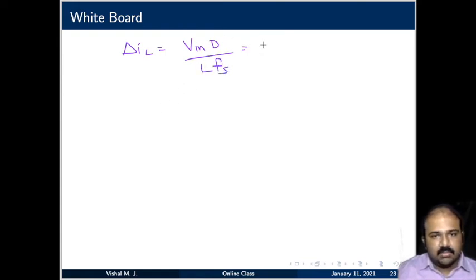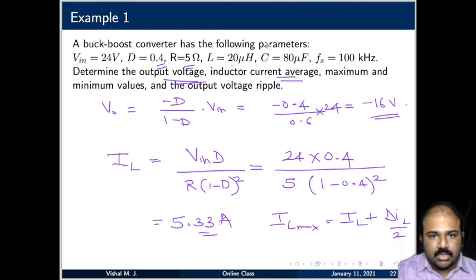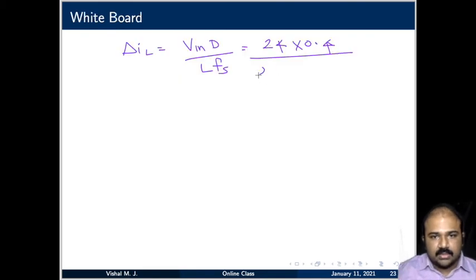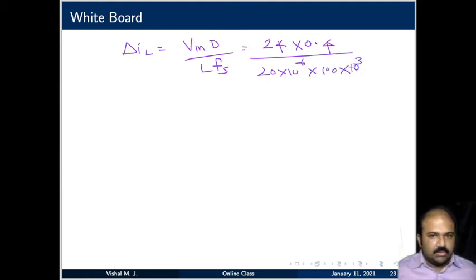So 24 is the input voltage, 0.4 is the duty ratio, inductor value they have given as 20 microhenry, switching frequency is 100 kilohertz. So let me do the ripple calculation. You will get 4.8 ampere. So the ripple is 4.8 ampere.